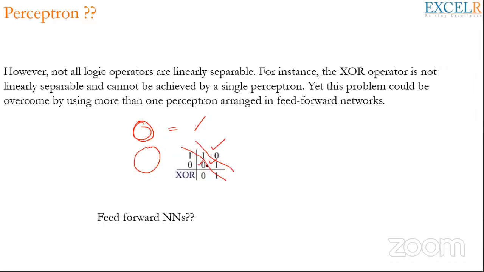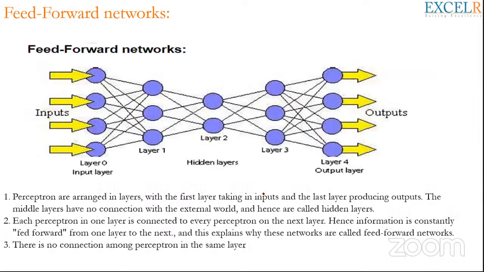And for much more complex problems, I can use multiple perceptrons and divide the entire feature space into pure regions. That gives us the idea of feed-forward neural networks: combine multiple perceptrons in a meaningful way so that it solves complex problems.